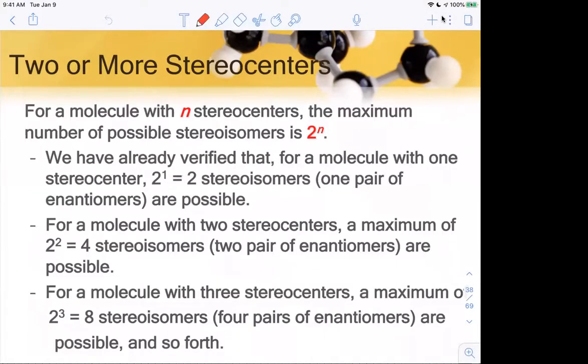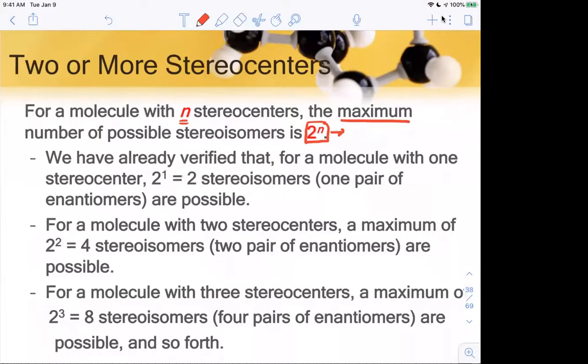In fact, if a molecule has n stereocenters, the maximum number of possible stereoisomers, so these again are going to be same connectivity, different orientations in space, is 2 to the n. So this can get really large really quickly.